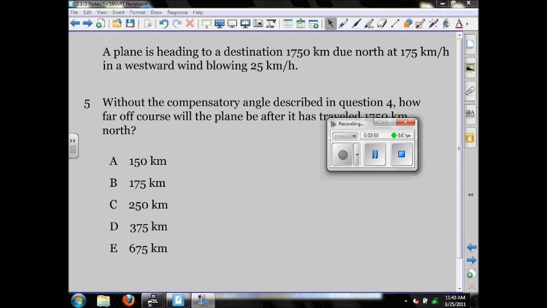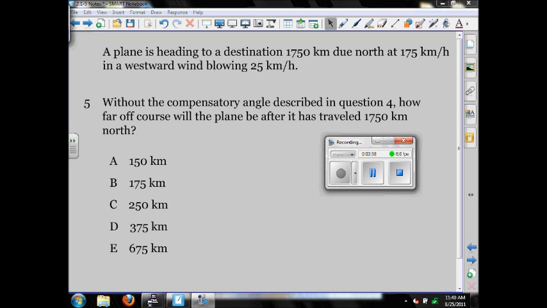The only northward velocity is due to the plane's engines at 175 kilometers per hour. So to get to 1,750 kilometers, it's going to take 10 hours. The only thing moving it left to right is the wind. If it's being blown west 25 kilometers per hour for 10 hours, it's going to be way off course, 250 kilometers. Questions on that?